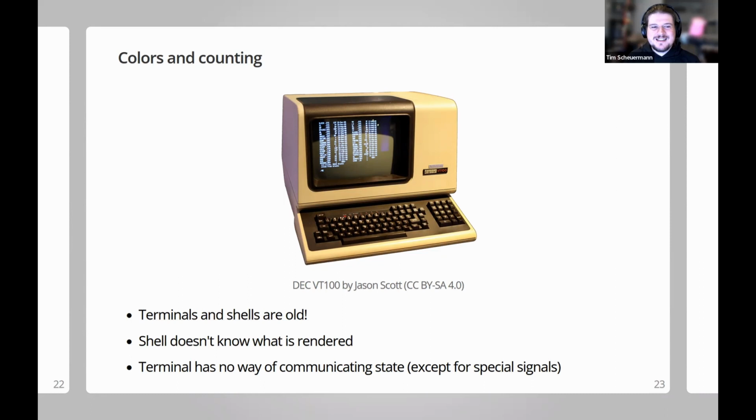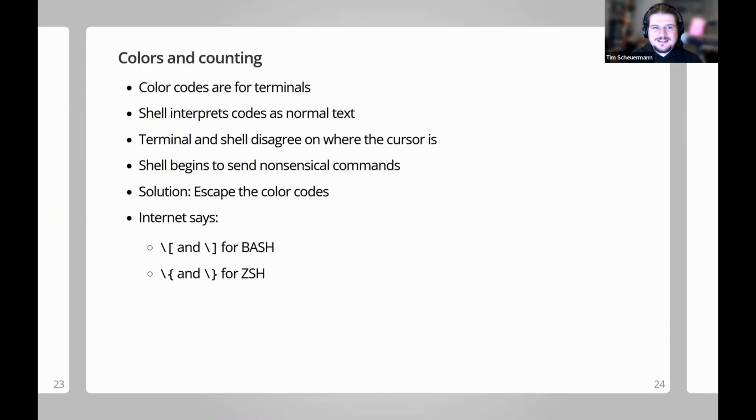These terminals and computers, there were always some problems between them. So what is going wrong? We are sending the color codes to the terminal, but the shell interprets these codes as normal text. So they disagree where the cursor is.